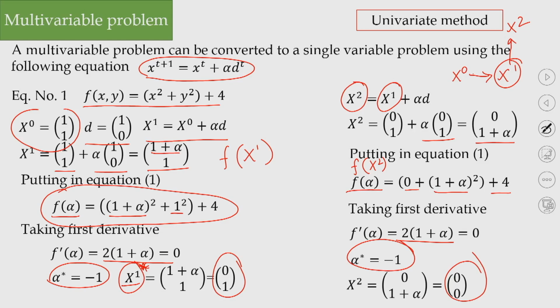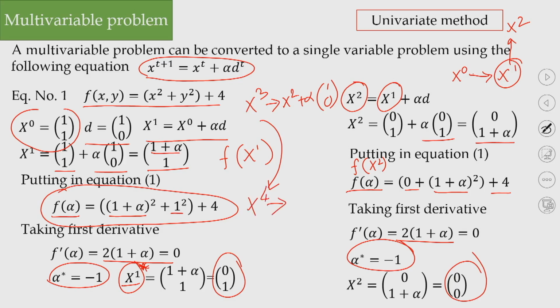In this case I got the solution, but if I am not getting the solution, then I can find x 3. Now, x 3 will be x 2 plus alpha, and in this case I will go along the x direction. After getting x 3, you can calculate x 4.